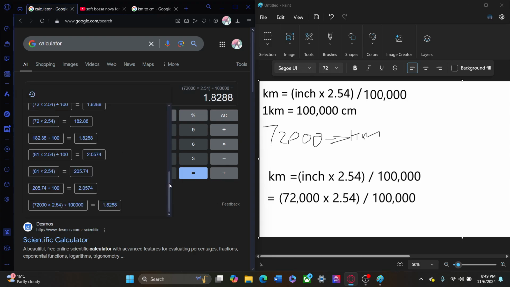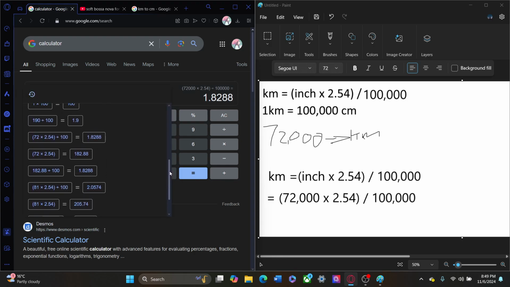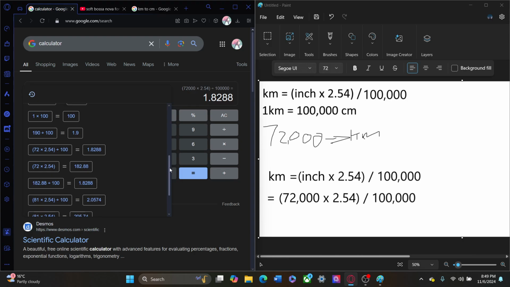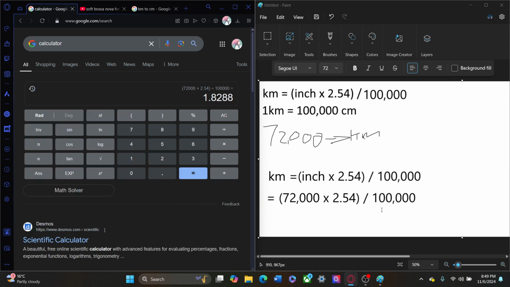For 72, it's been the same answer literally throughout basically the whole thing, right? The answer is 1.8288. And in what? It is kilometers. We know this because that is what our calculations are telling us.